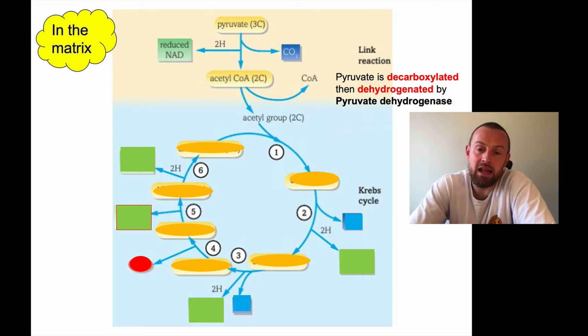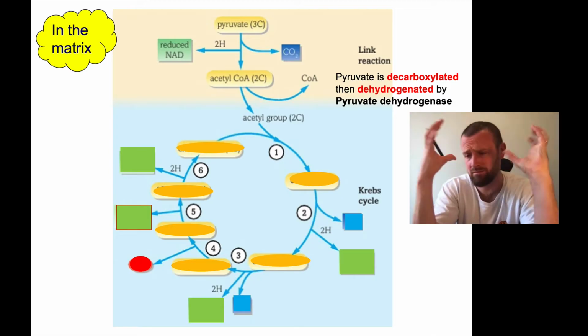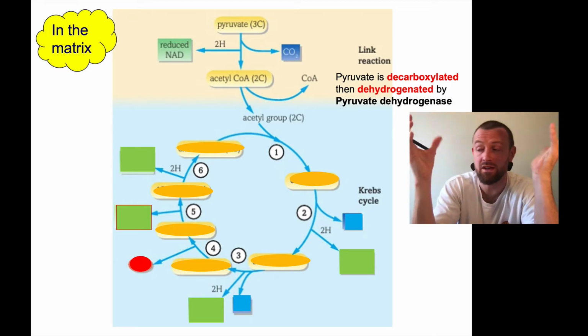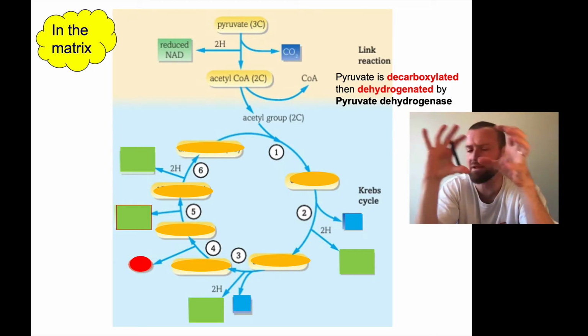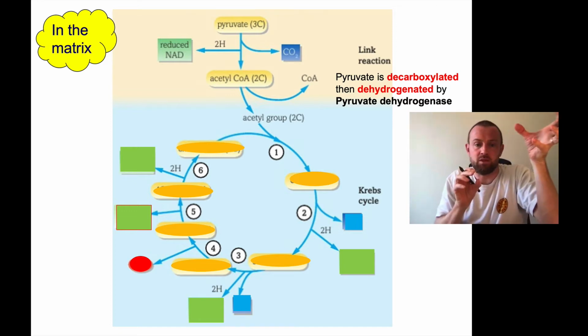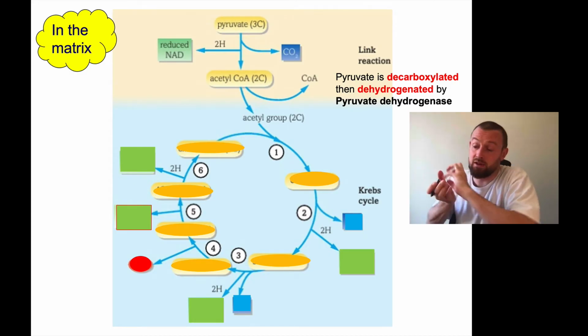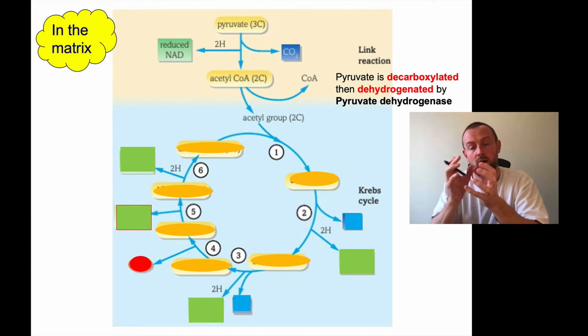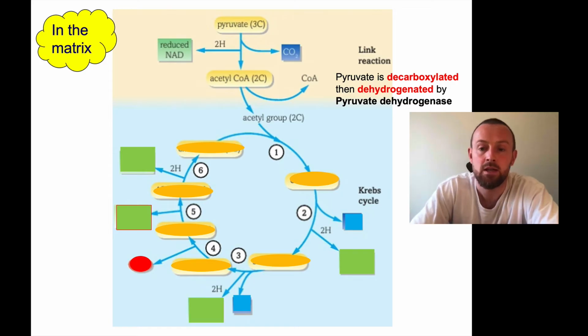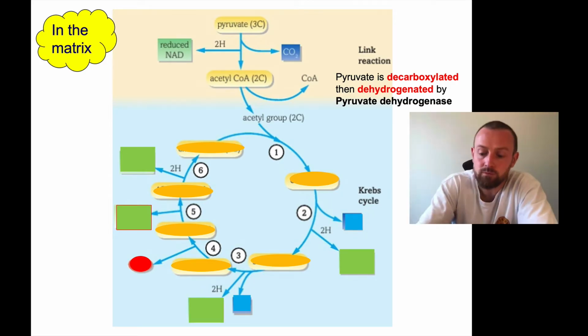Now it's done by an enzyme called the pyruvate dehydrogenase complex, and it's a really big, pretty awesome enzyme. It's got at least 3 enzymes, I think, working in a little miniature production line. One enzyme does one bit, and then passes it straight into the active site of the next enzyme, and then straight into the active site of the next enzyme. So it's quite an efficient process. So that's the enzyme pyruvate dehydrogenase, which you need to know.